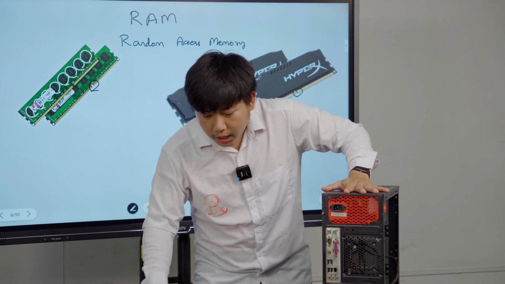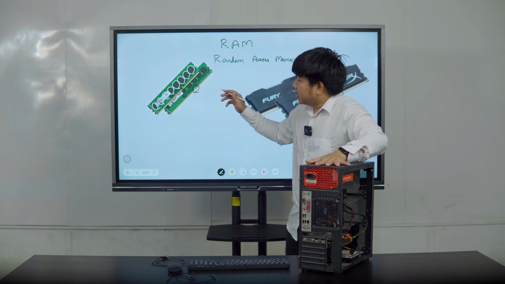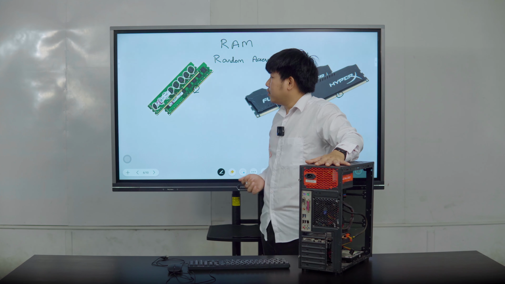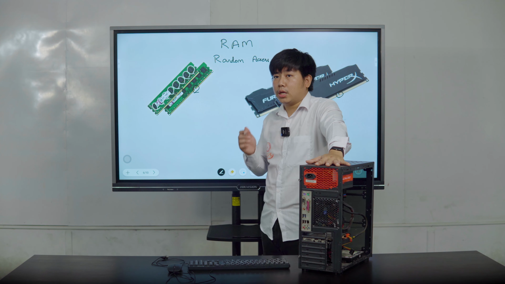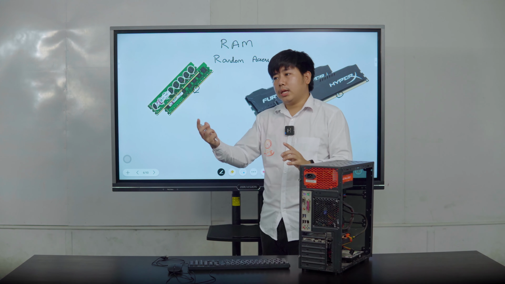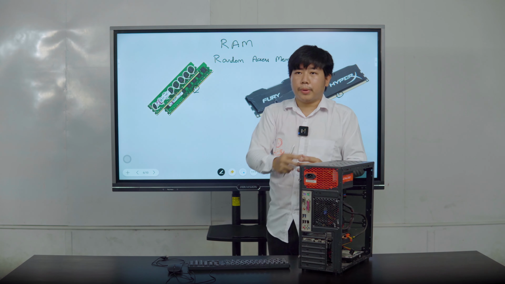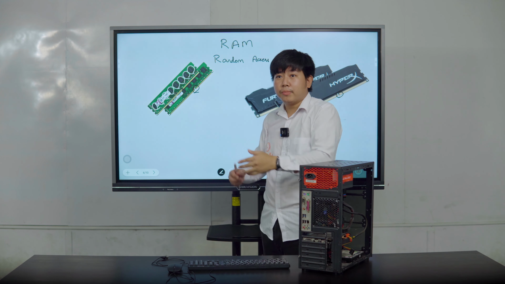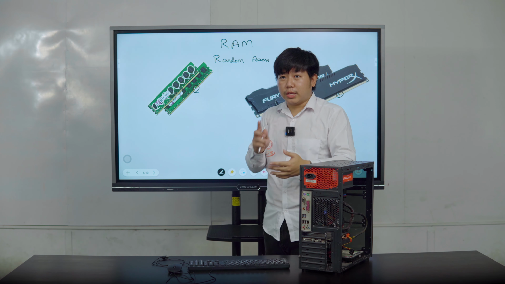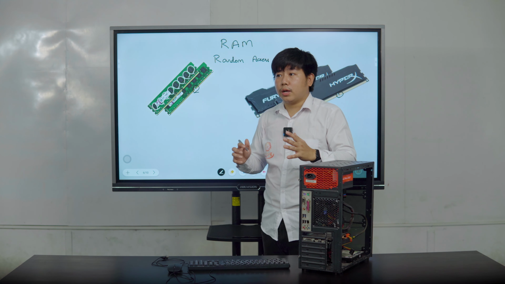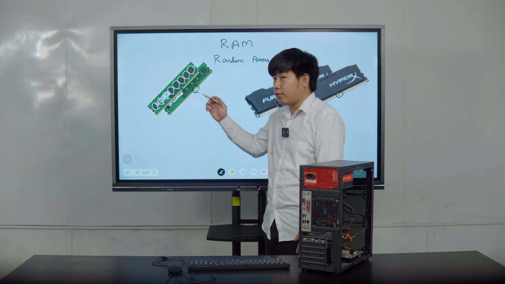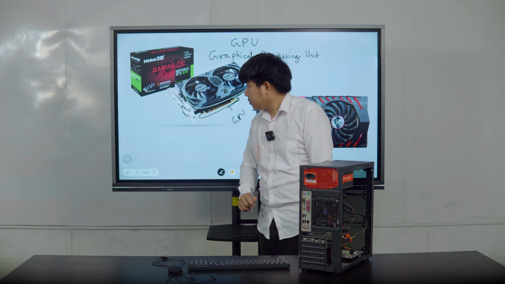But the advantage of using the RAM is that it can process incoming and outgoing data a lot of times within 1 second, and it's not going to cause any damage to the RAM. So let's continue.